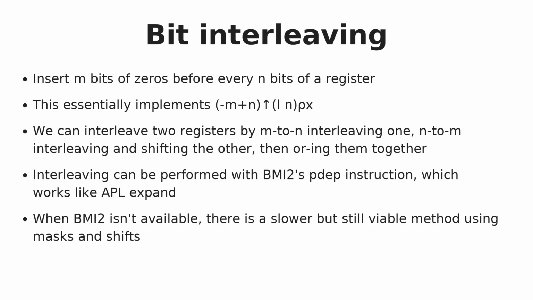And in BMI2, which is available on x86 processors starting in 2013, there's an instruction which basically does expand on Booleans. And that makes this very easy. But there's also a more complicated method using some pre-computation that works without too much slowdown.